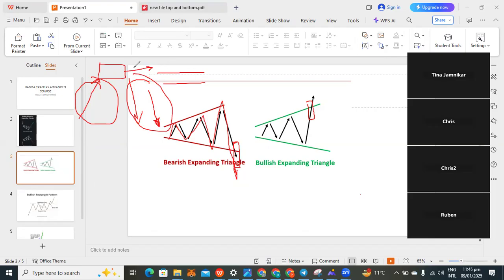Anytime we see a reversal pattern forming, we know that the trend is going to reverse, whether it is an upward or downward trend. Now, what's a continuation pattern? A continuation pattern tells us that the trend is going to continue.